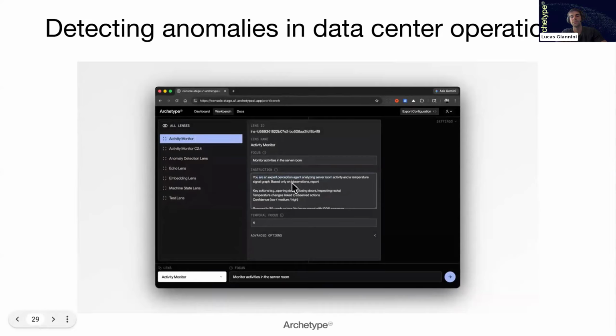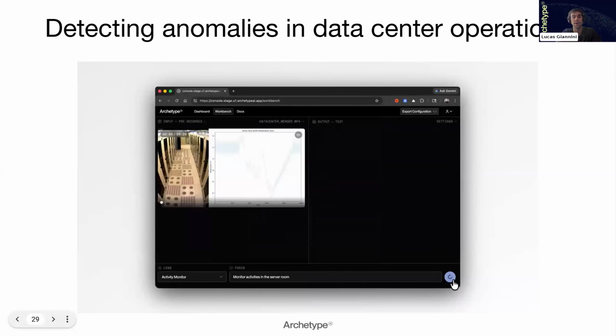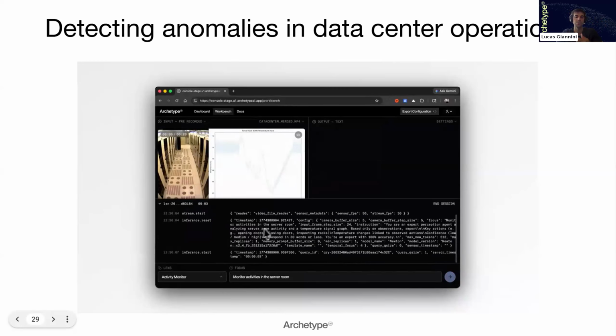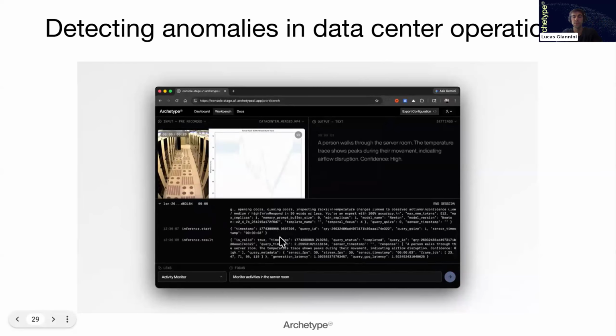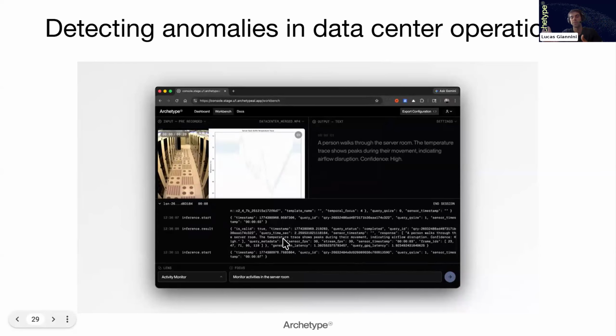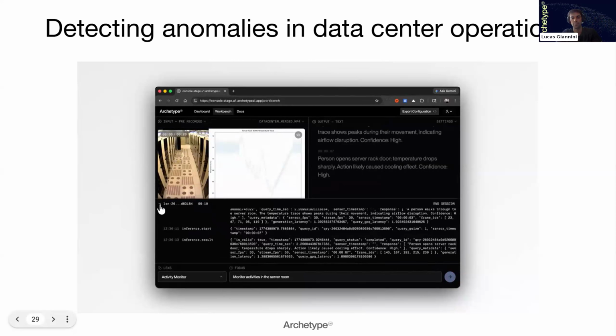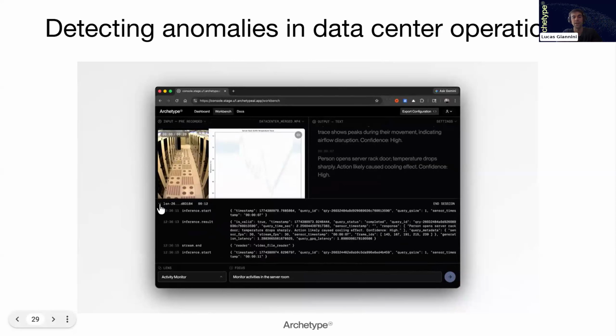But Newton not only has access to the temperature variations, it also has access to the video footage of that environment. When you're prompting it in natural language, it fuses both of those inputs together, and it's able to come up with way more accurate and complete outputs of what is actually happening in that environment.